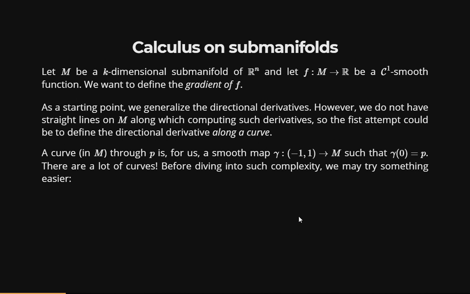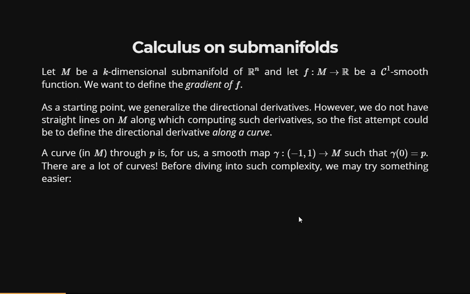So a curve, for us, is just a smooth map from some interval. We choose -1, 1, but it could be -5, 3, whatever. Usually you want 0 to be in it just because you want to use 0 as a special point, but who cares? You could take the interval from 10 to 11 and pick 10.5 as a special point.